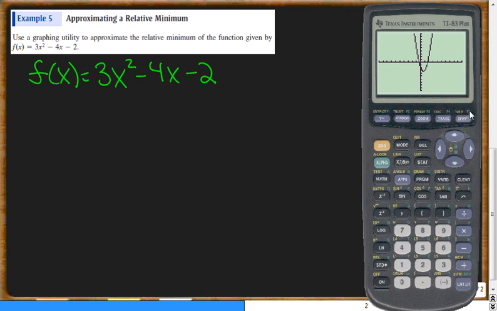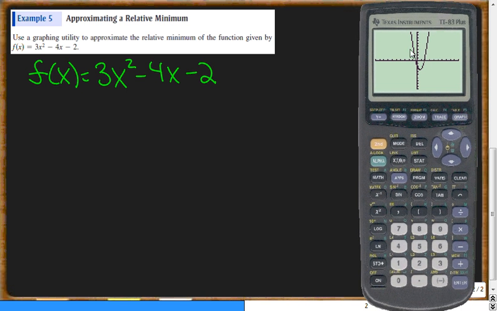Some of you will have one that says zoom box, which will allow you to draw a box around the area you're looking for. Or you could set the window on your own, either way.